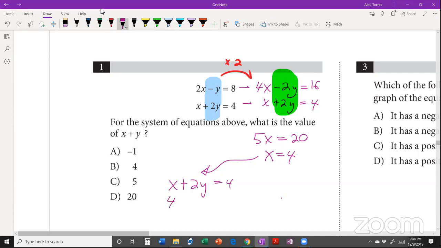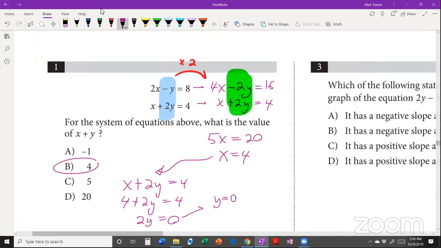X is 4, so 4 plus 2y equals 4. Take away 4 from both sides, 2y equals 0, and divide by 2, and y equals 0. So we now know that x is 4 and y is 0. So x plus y would be 4 plus 0, so it's 4. That's the answer to number 1, which is going to be B.